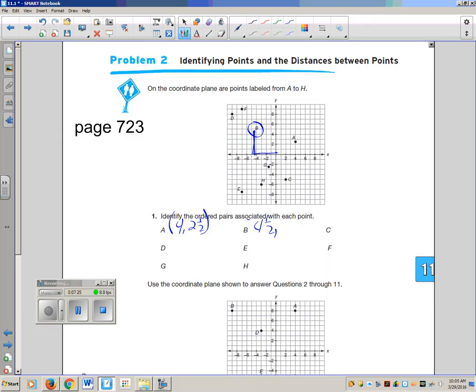Is the second 4.5 positive or negative? Positive. When you go up, it's positive, down, negative. Left, negative, right, positive. C. Trenton. Where's C? Is that C? Okay. 2, -5. Perfect.